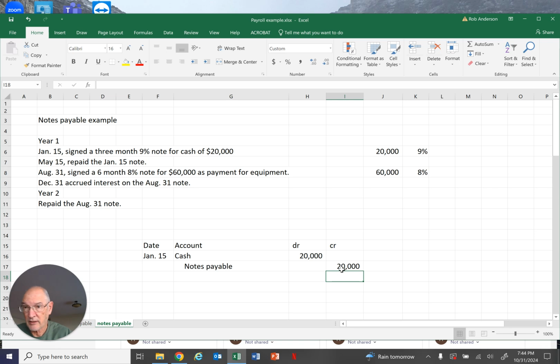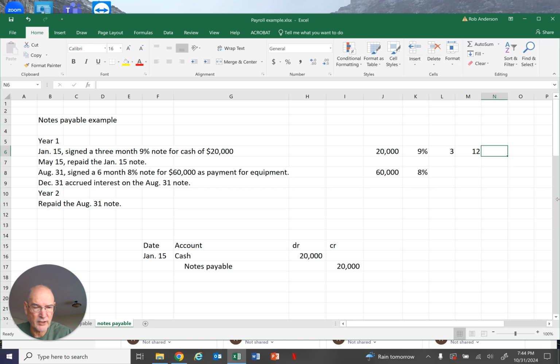Now let's calculate the interest expense that we're incurring for 3 months. Up here I've keyed in 20,000 and 9%. Now what I'm going to do here is put in a 3 and a 12, and the 3 here is for 3 months out of a year of 12. So 3 months out of 12 at 9%.